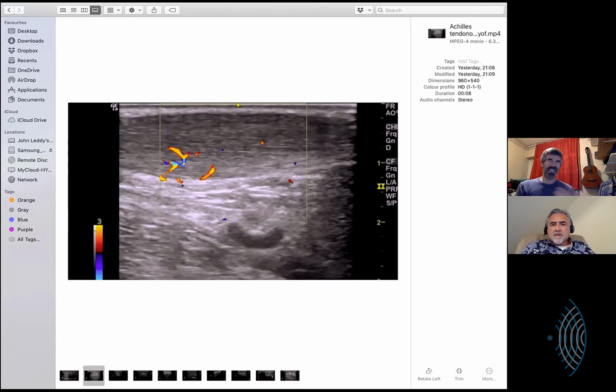And I turn around to them and say, how has it been just in the last few days or just in the last week or so? And when I don't see very much color in it, they almost invariably say, well, you know what? It's been a bit better recently. And when I see quite a lot of color there, they tend to have this story that actually it's as bad as it's ever been, and it's really bothering them.